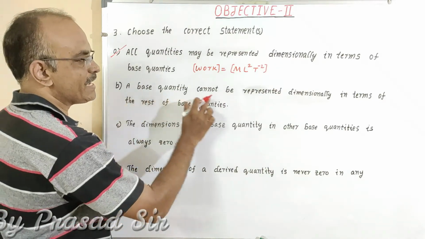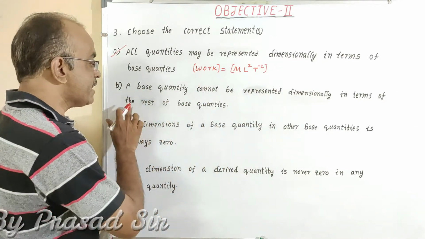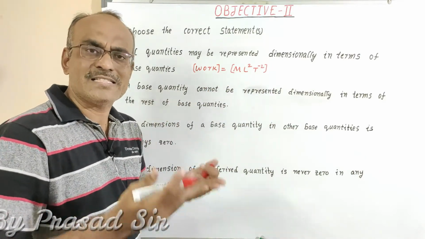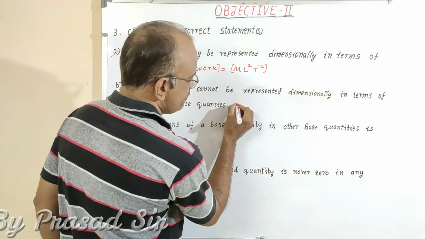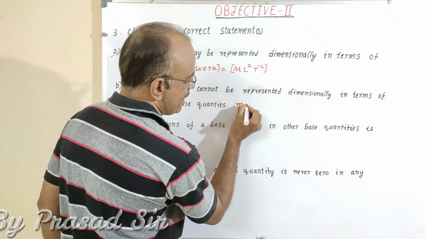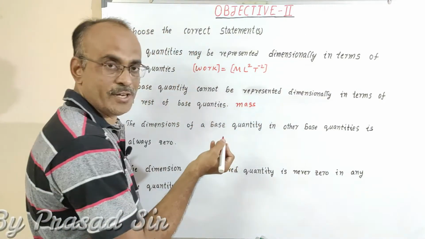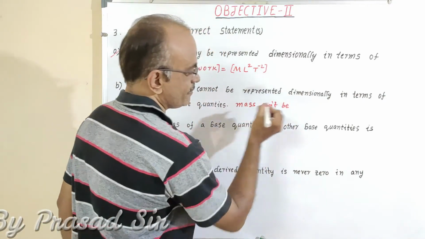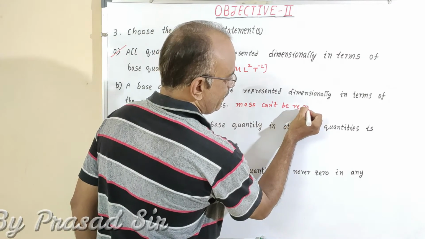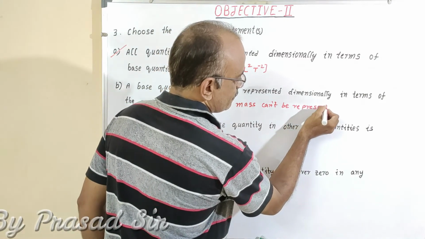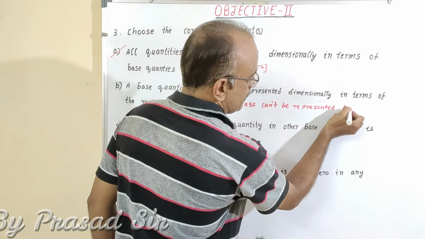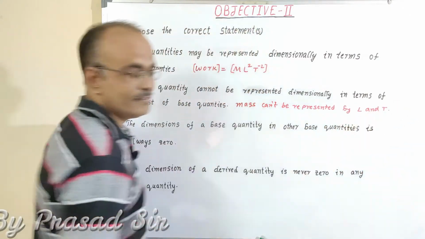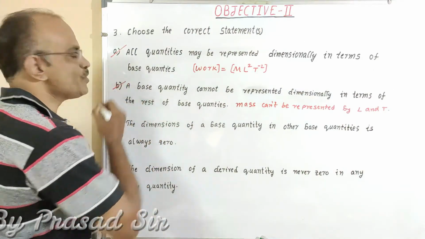Now B. A base quantity cannot be represented dimensionally in terms of rest of base quantities. But what are base quantities? Mass, length, time. So here, simply listen properly. Mass is the base quantity, cannot be represented by L and T. So it is also correct.